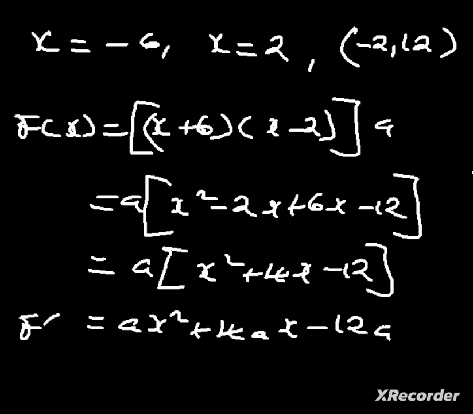Now we have that as f of x, of which this is the y-intercept. We'll equate that with this one, which is 12. So a is given as negative 1. Now we come back to substitute that.